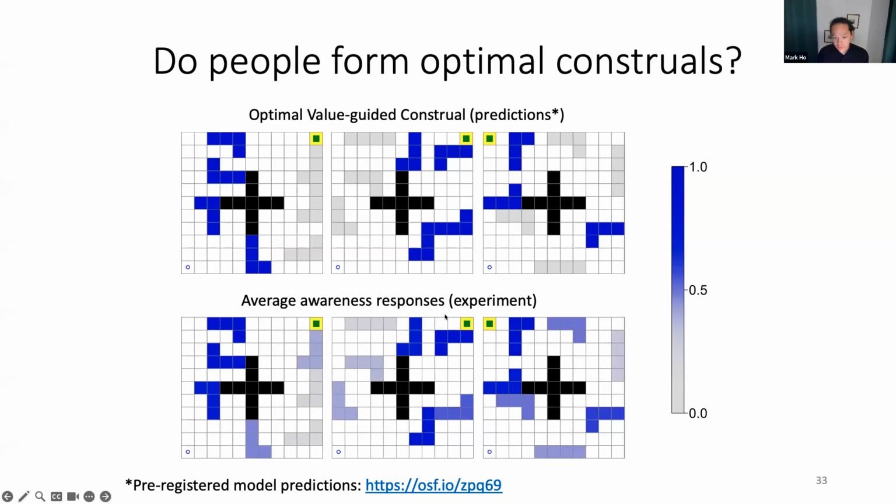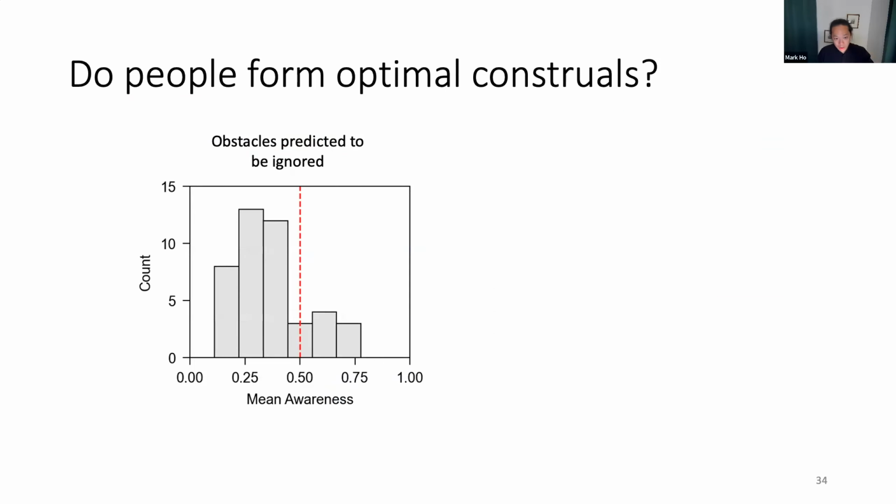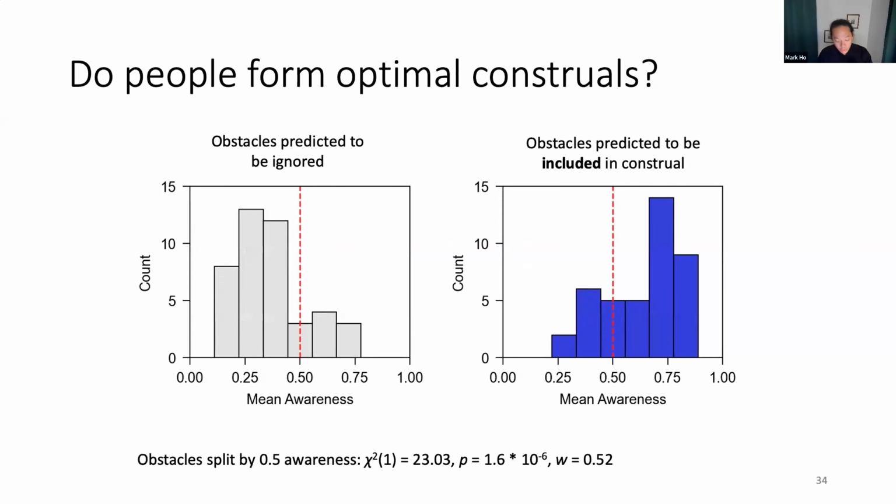Very quickly, this is a set of some of the predictions of this model on some specific mazes, just to give an intuition. If we look at all the obstacles that were predicted to be ignored by the model and compare that to average responses, we find that people rate paying less attention to them, and conversely, things that are included in the model, people pay attention to more.